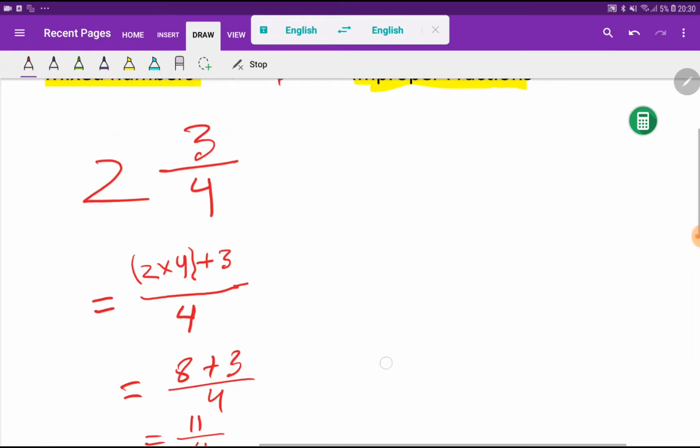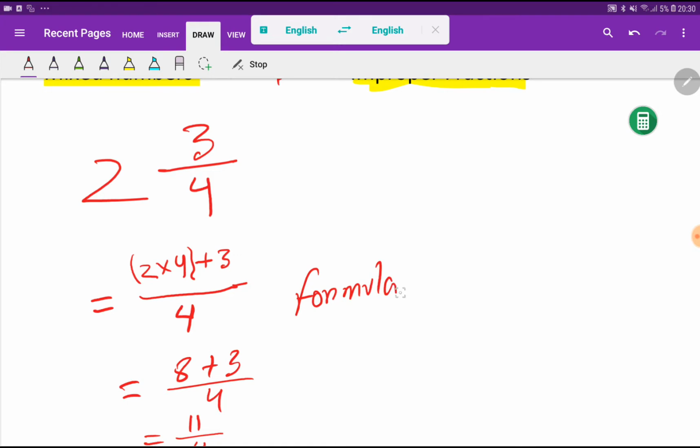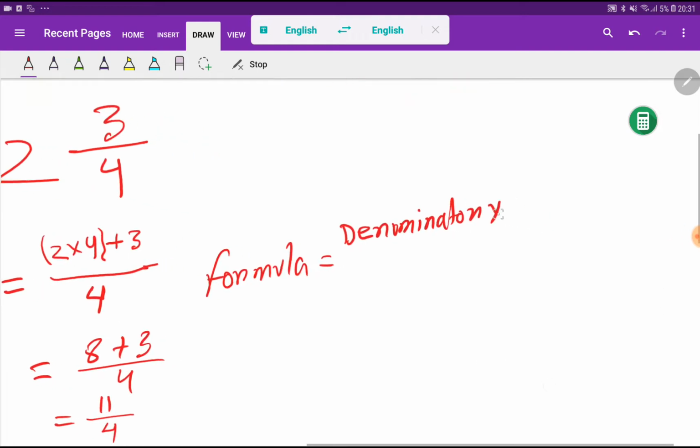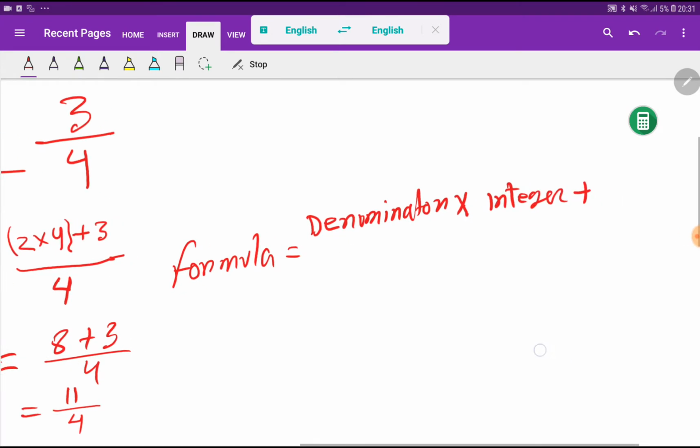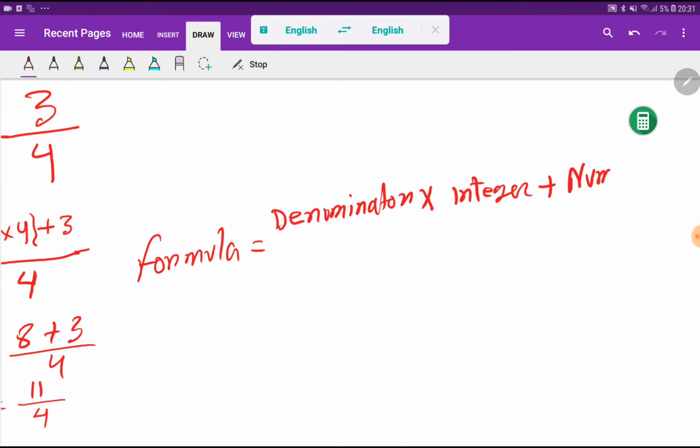So what is the rule or formula? The formula is, look at here: denominator times whole number or integer, plus numerator, divided by denominator.